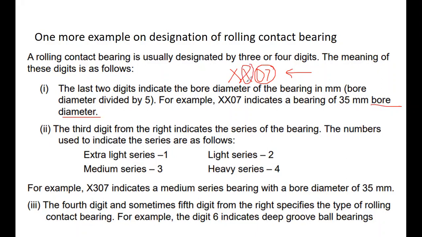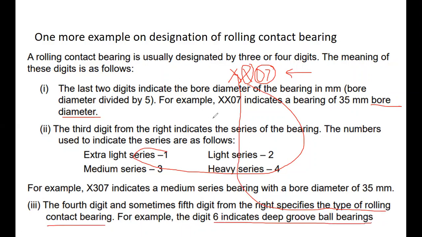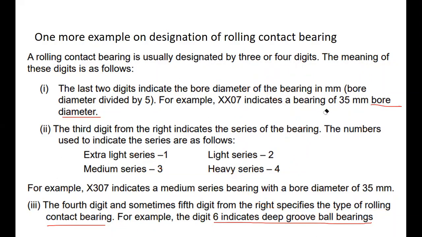The third number from the right indicates the series, and the fourth and or fifth number will indicate the type of rolling contact bearing. For example, 6 indicates deep groove ball bearings. So this was all about the designation of rolling contact bearings.